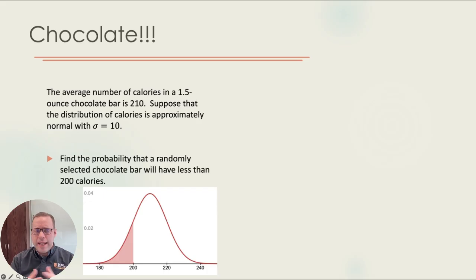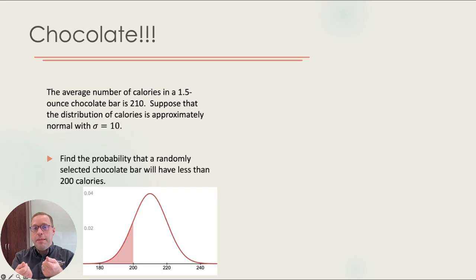So let me read that again. The average number of calories in a 1.5 ounce chocolate bar is reported to be 210 calories. Suppose that the distribution of calories in this reported nutrition label is approximately normal with a standard deviation of 10 calories.